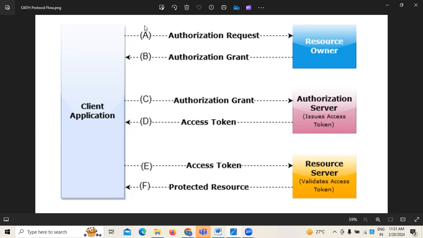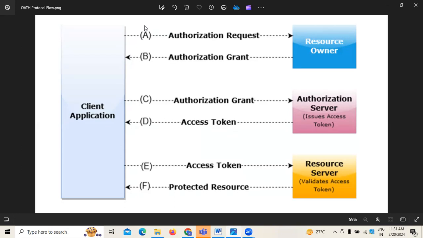In this regard, whenever we are working on these roles, I have explained the process when it comes to the implementation, like resource owner, authorization server, etc. Followed by this, we also discussed the kind of protocol endpoints, right?